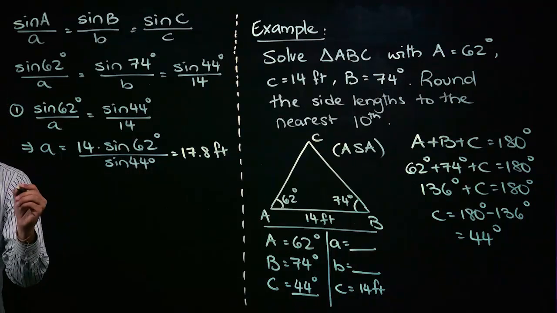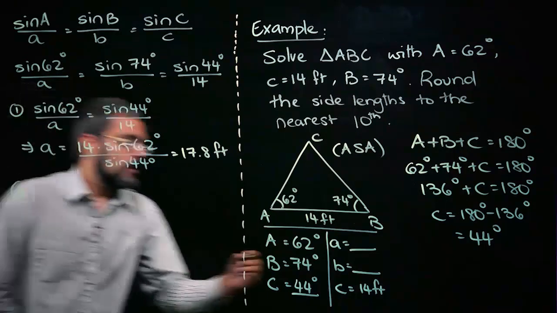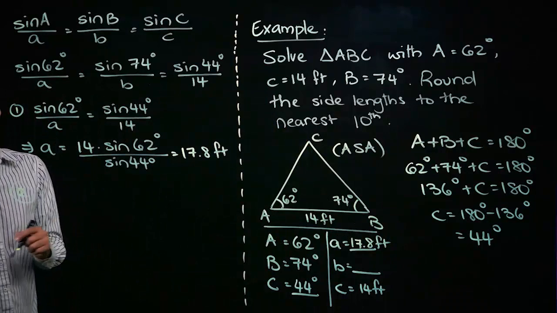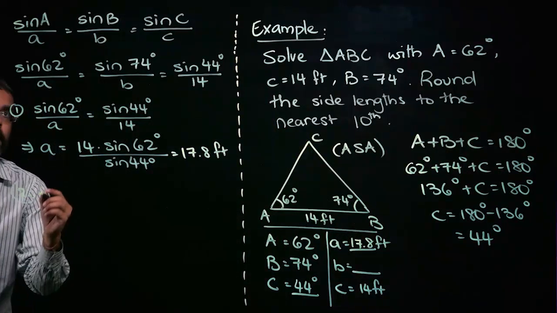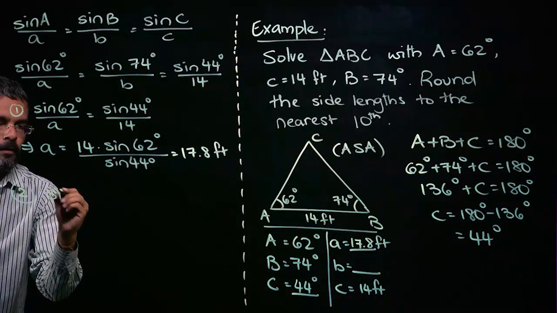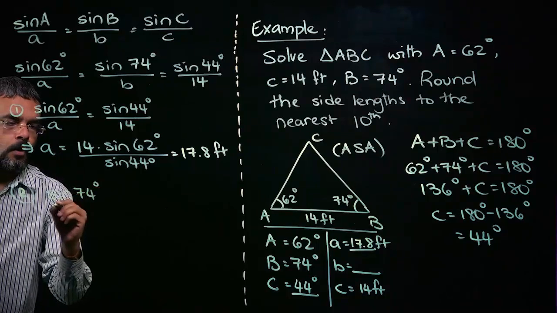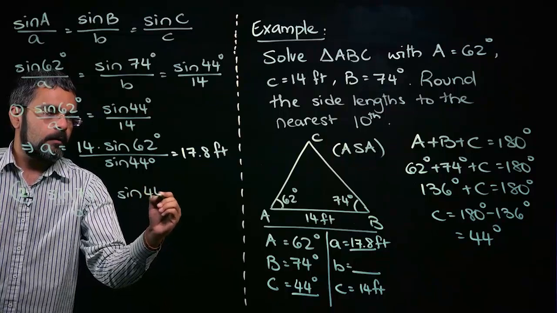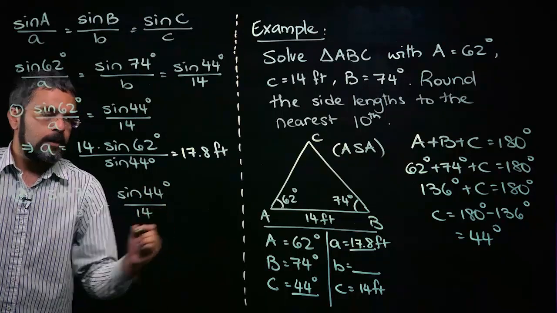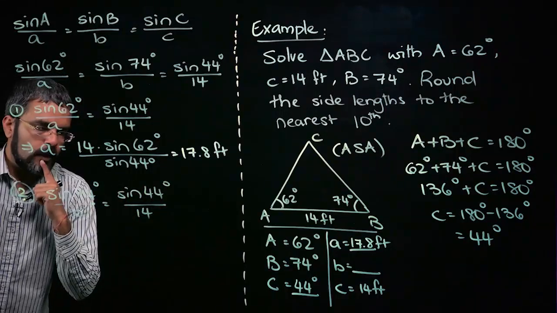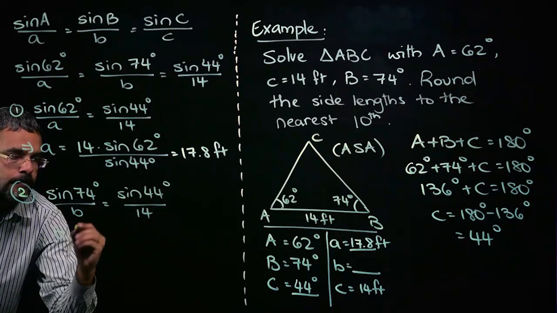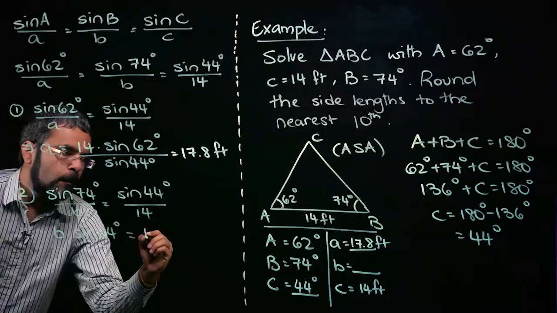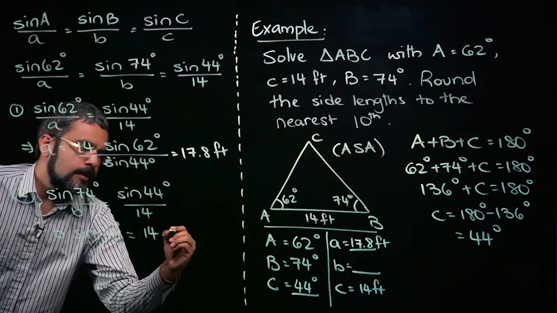All right, then, so A is 17.8 feet. Well, I have sine of 74 over B is sine of 44 divided by 14. So cross multiply and I get B times sine 44 equals 14 times sine 74.